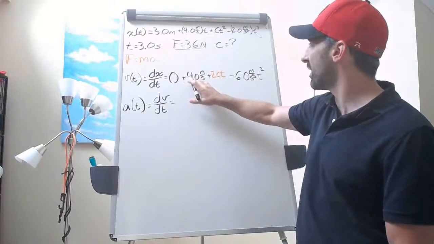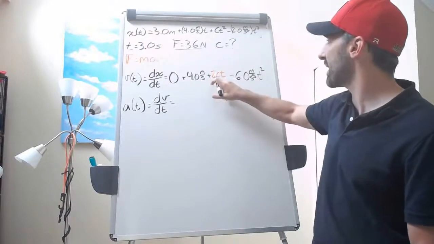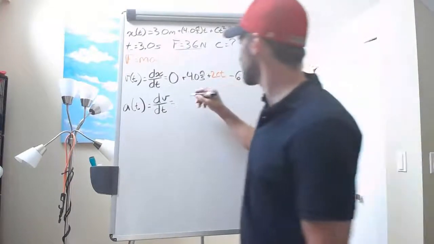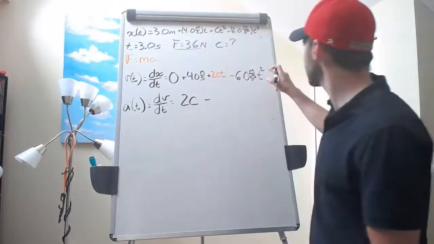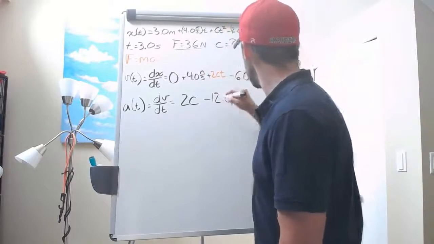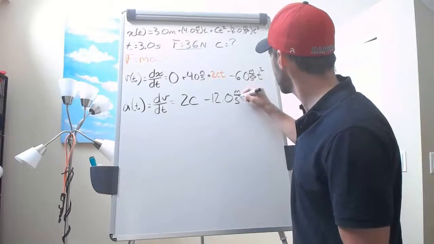The derivative of 4 meters per second, there's no t there, so that's also 0. So now I have the derivative of 2ct with respect to t. That's just 2c minus 2 times 6 is 12.0 meters per second cubed.